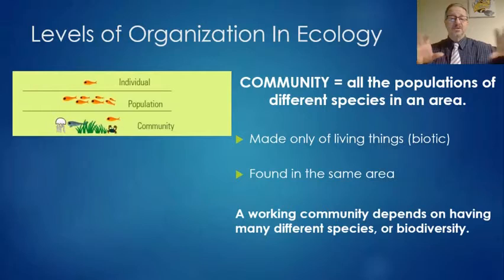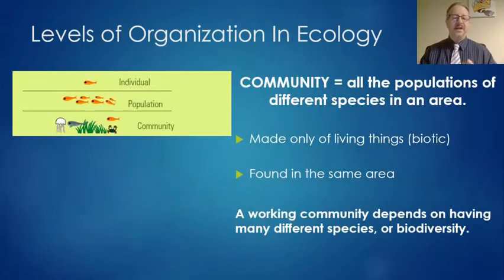So you take multiple species, their entire population, put them together, and you have yourself a community. Now, communities only focus on living things or biotic factors. Biotic meaning living things, right? Biology is the study of life, right? Bio is life, ology is to study. So these are biotic factors, living things, okay?